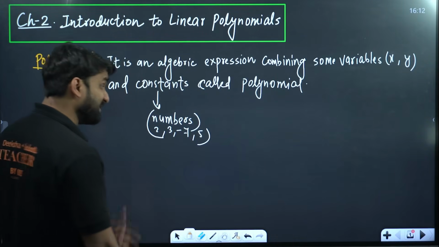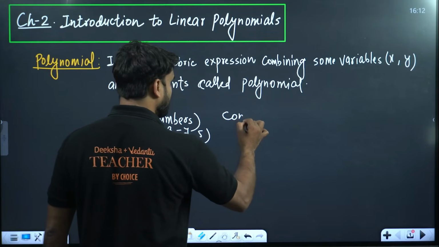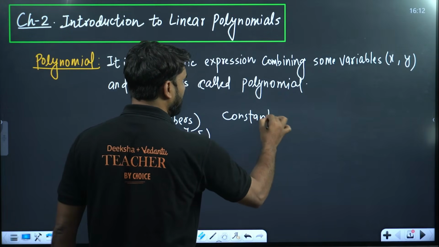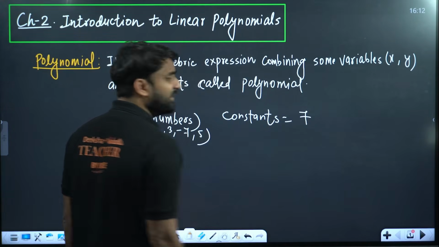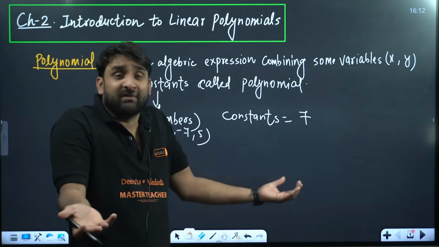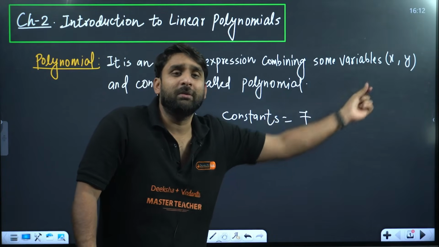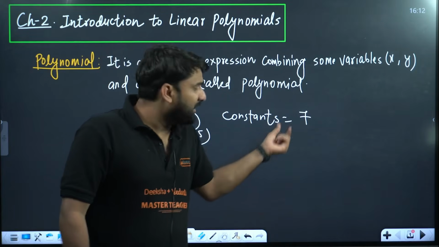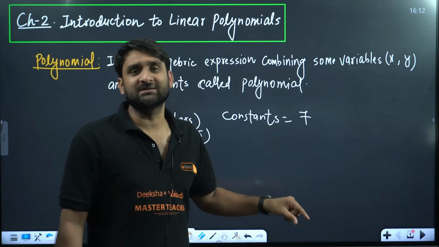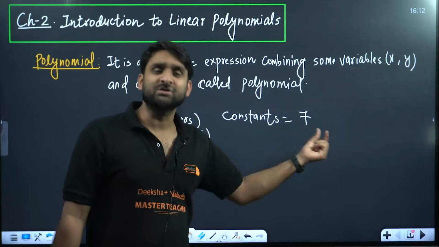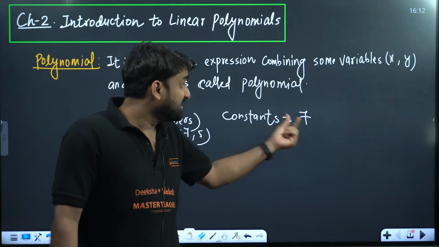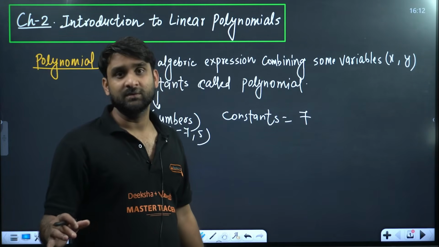Why? Because the values of numbers, if I write here 7, means 7. We are talking about 7 only, 7 itself. It cannot become 8. It cannot become 9. It cannot become 6 unless we do basic addition, subtraction, division or multiplication. This number will remain as it is. 7 means 7.